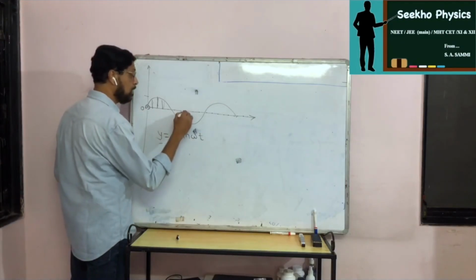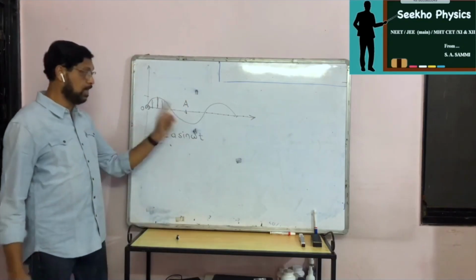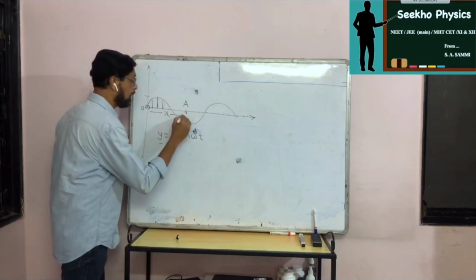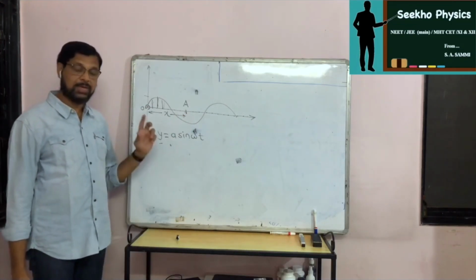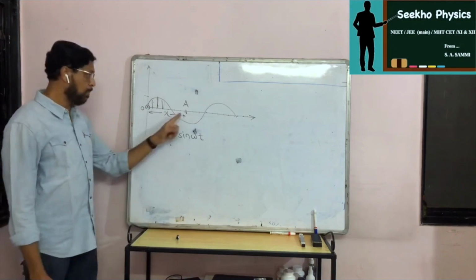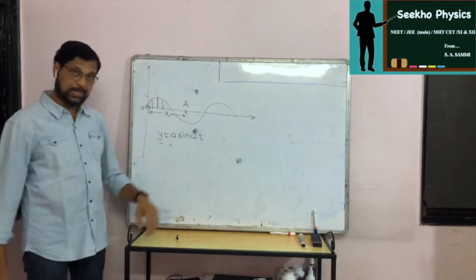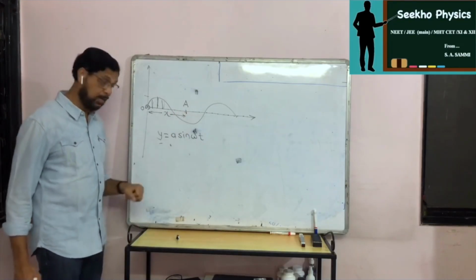Now suppose another particle A, which is at a distance x from the origin. What will be the equation of this particle?